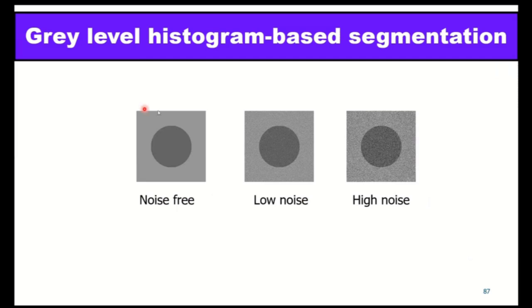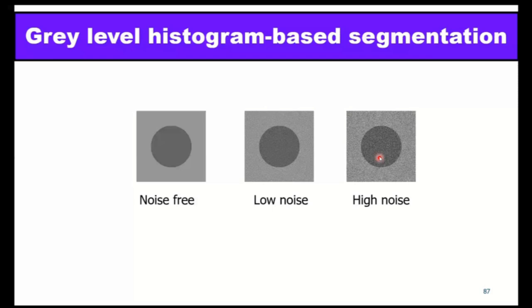Now suppose we have to divide a circle and a square. The presence of noise will give you problems. Suppose high noise is there, then this and this may not look similar. Because of noise, these areas are corrupted, so you can feel both are equal.